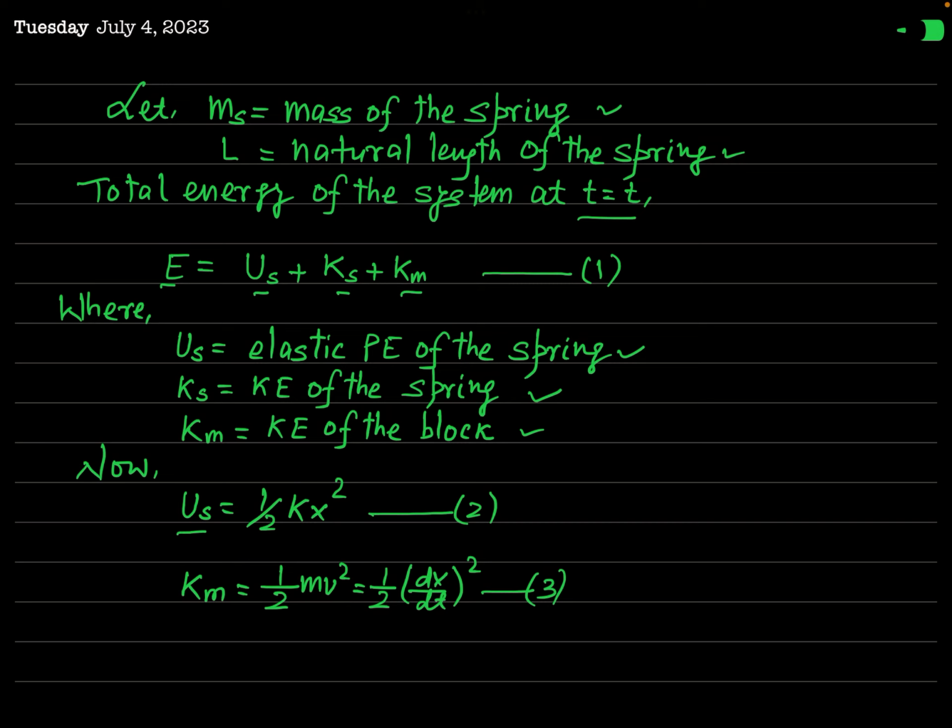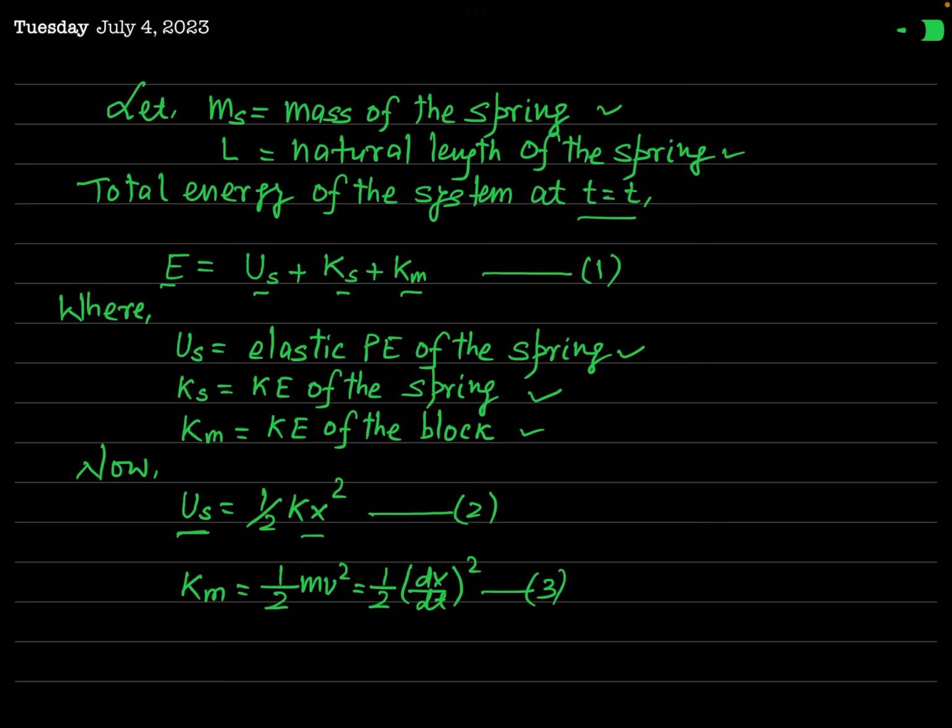US, this is the elastic potential energy of the spring. As the spring has been elongated or compressed by x, you know the elastic potential energy of a spring is half kx square. This is a well-known formula.